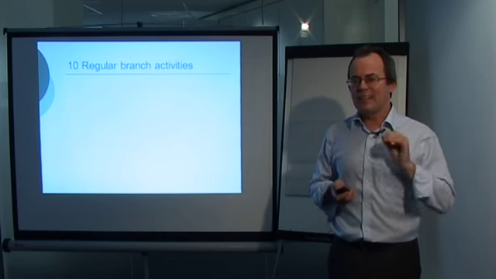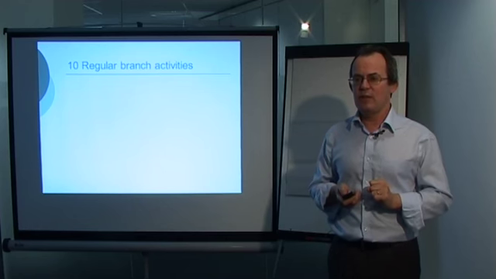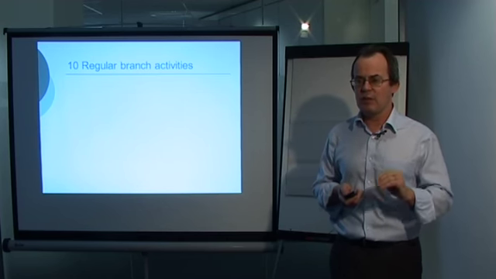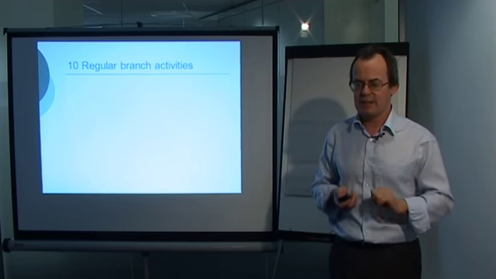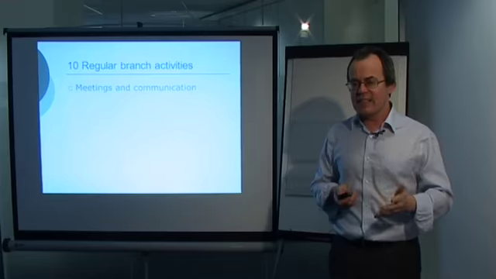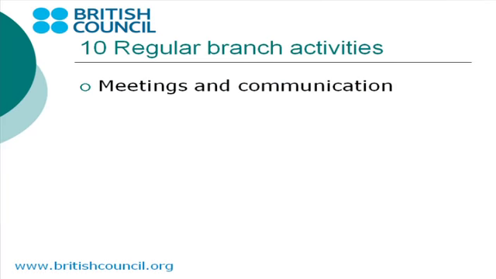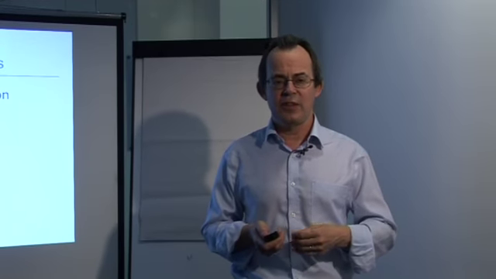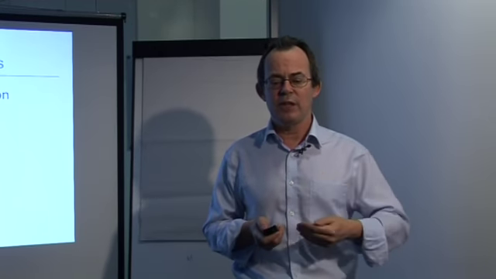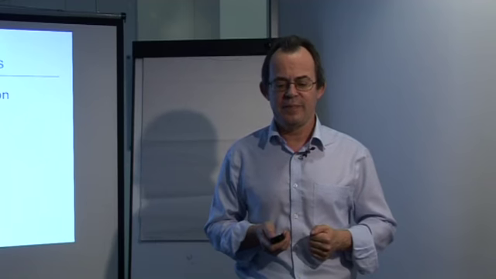The final key ingredient for an effective TA branch is to make sure that the branch has regular activities. That is to say, firstly, that the people who are running the branch meet regularly and that they communicate with each other and with the members on a regular basis.